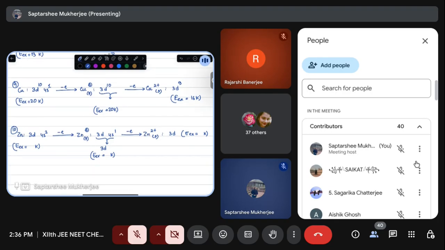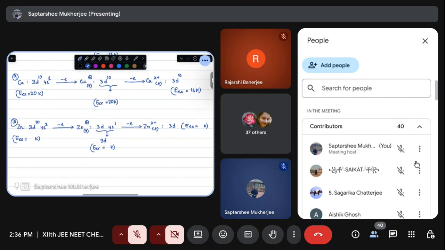So zinc means it is 3d10. It will have to remain 10 only, because it is already filled. I cannot change it. So here it is 20k, here it is 20k, here it is also 20k. Correct or not? So in terms of exchange energy, nothing is getting disturbed or changed. Clear for all?